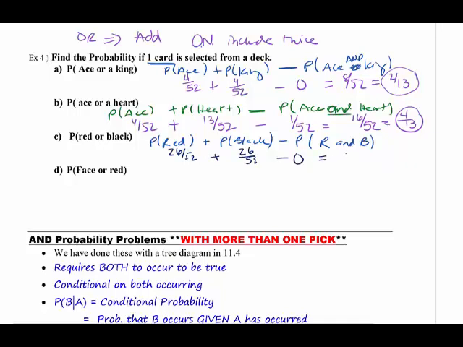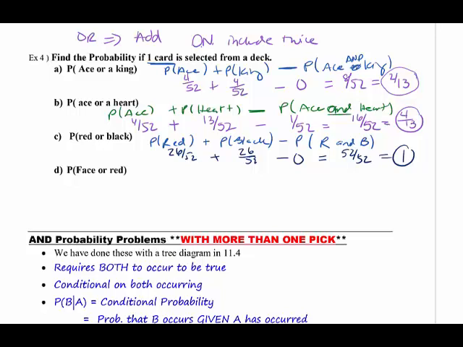So 26 plus 26 gives me 52 over 52, which is the whole deck. So this is an extreme case. This is an easy one to read incorrectly, though. If it said probability of drawing one card that is red and black at the same time, it would be 0, because one card cannot be both.